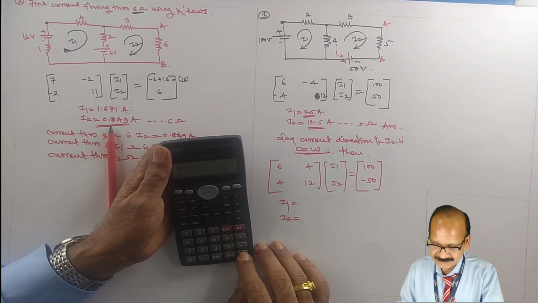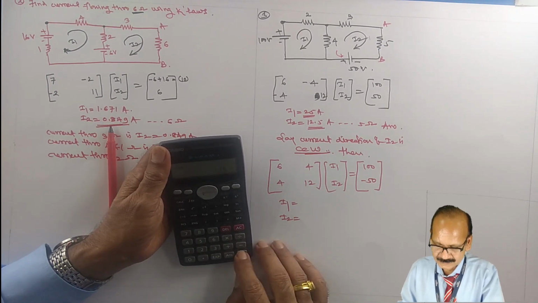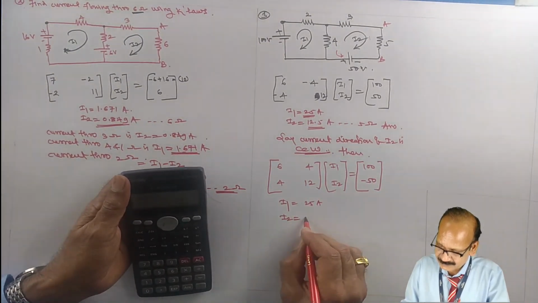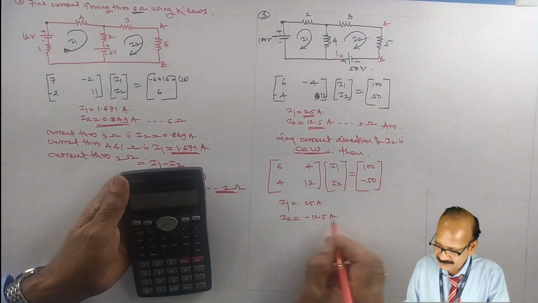So the answer is I1 is 25 and I2 is minus 12.5. Check it once again. A1 6, 4, 100, then 4, 12, minus 50. So here it is 25 ampere, this is minus 12.5 ampere.